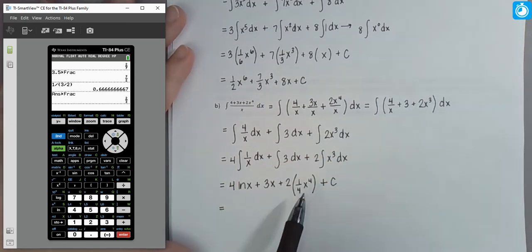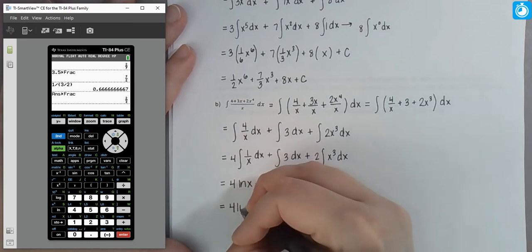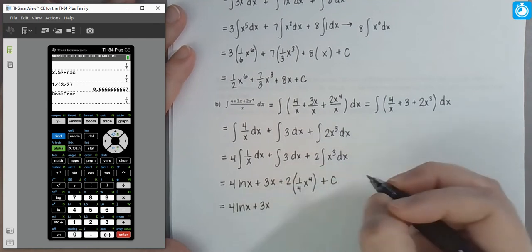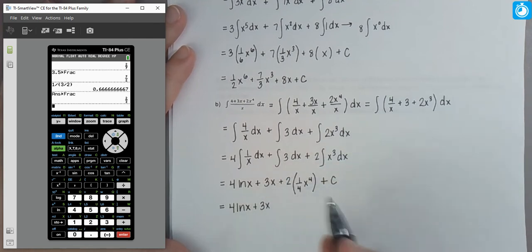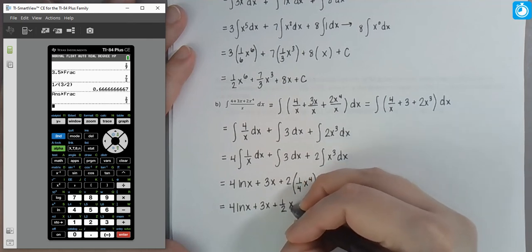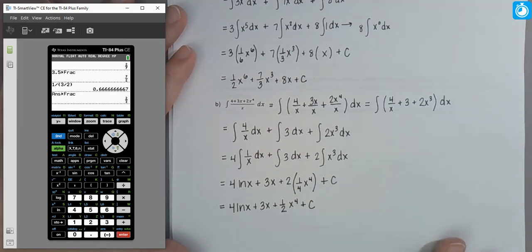And so the last thing we want to do is simplify right here. So we have 4 times the natural log of x plus 3x, and then 2 times 1/4, 2 over 4, is the same thing as 1/2.